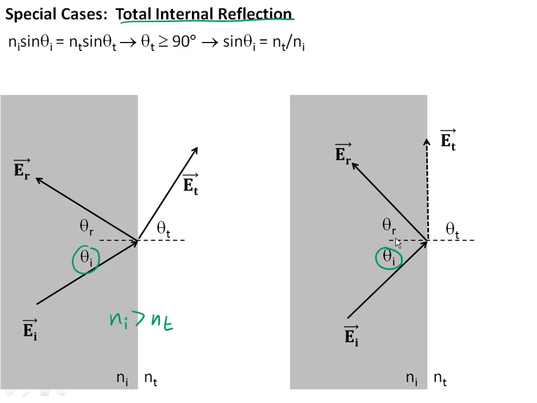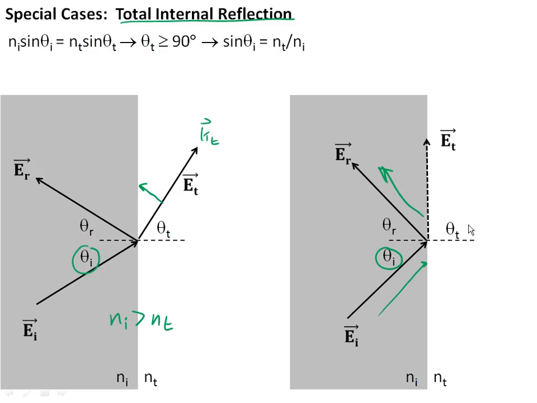But as theta_i gets bigger as you're going from the material with higher index to the material with lower index, essentially the direction k_t of this vector is going to move that way as the incident angle increases, and at some point it's going to lie along the surface. This means that all the radiation that comes in this direction is going to get reflected.